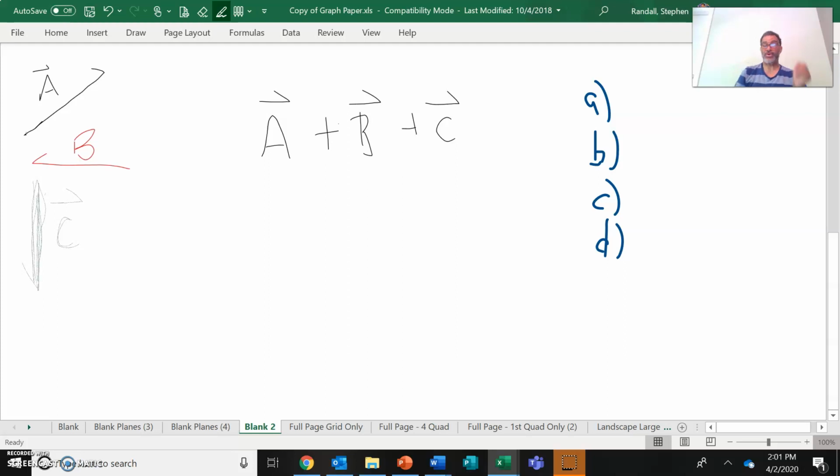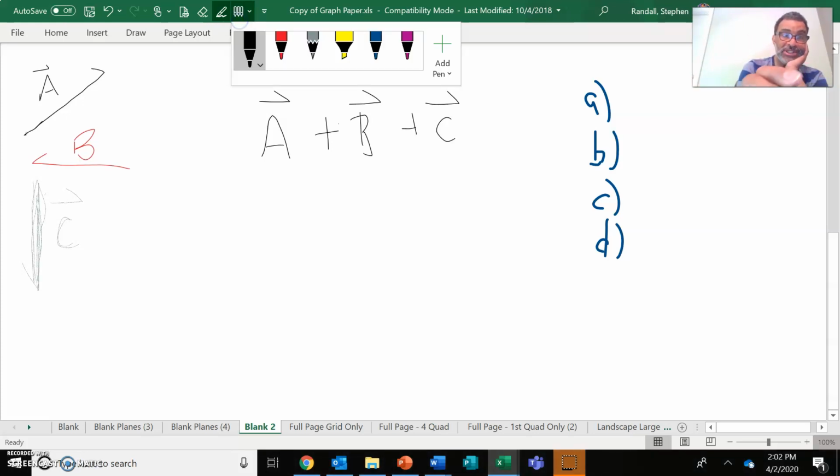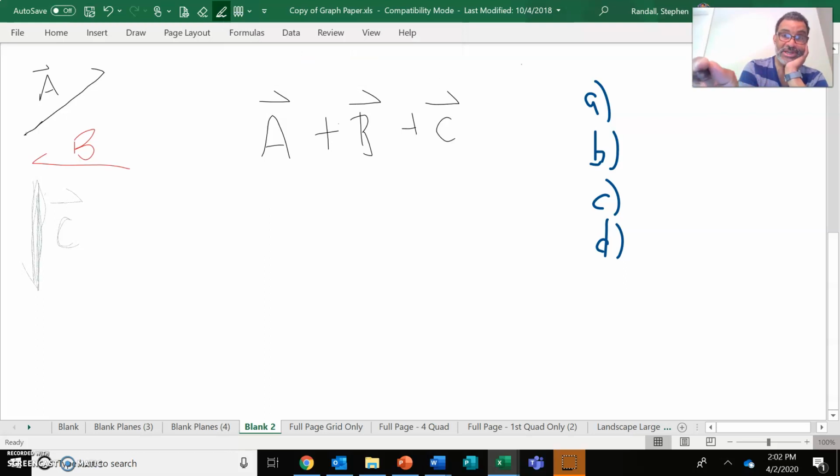Let's see, how does that work? Well, what would the answer be? What do you think? Well, let's draw it out, because this actually is a neat result. A would go this way.